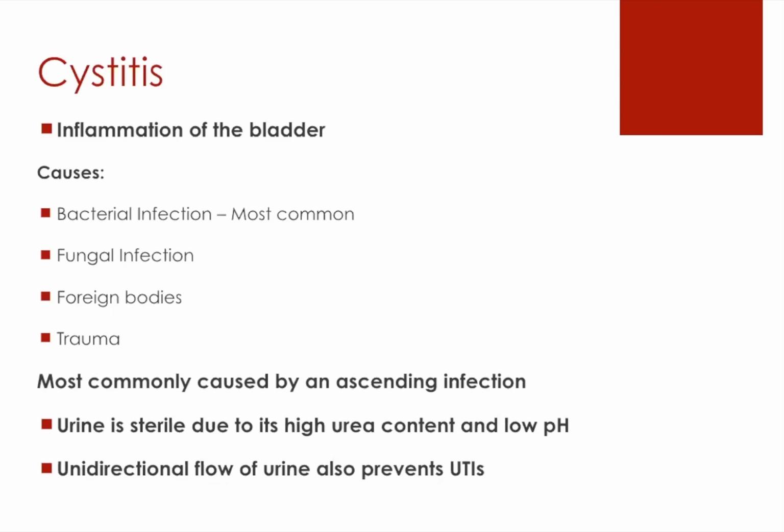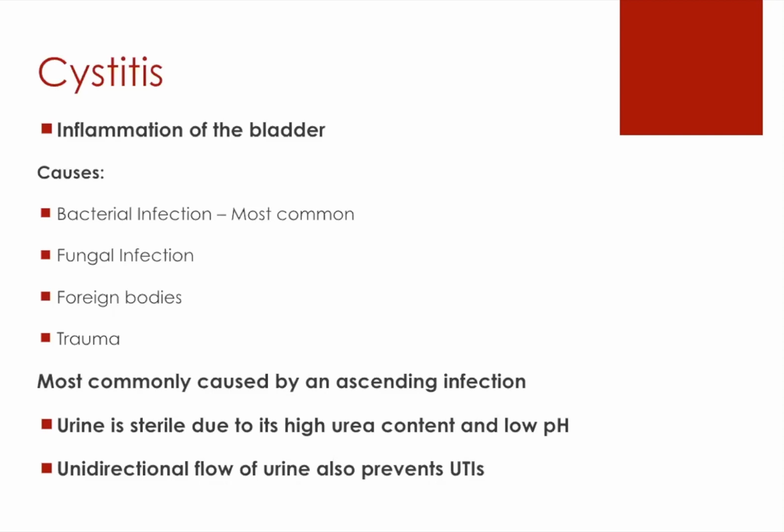However, some bacteria are very smart in the way in which they can adjust the pH of that environment. One bacteria in particular that does this is Staphylococcus saprophyticus, and we'll speak about this later. It can use the enzyme urease to essentially change the pH of that environment, making it more favorable for bacteria.